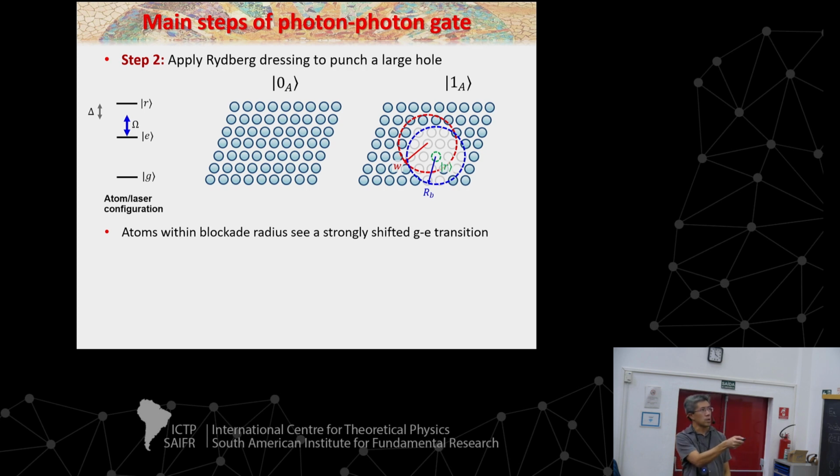And what that Rydberg dressing scheme does is it takes all the atoms in the vicinity of that Rydberg excitation, and it shifts the resonance frequency of the excited state by a large amount. Hypothetically, let's even say infinite. And so if the excited state frequency is shifted by an infinite amount, effectively those atoms are not there anymore. I've punched a giant hole around my Rydberg excitation.